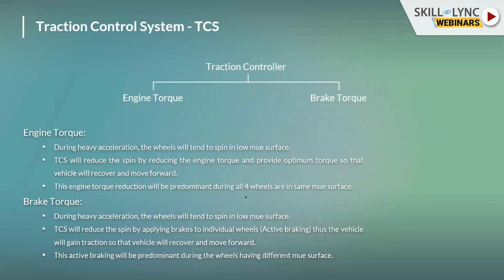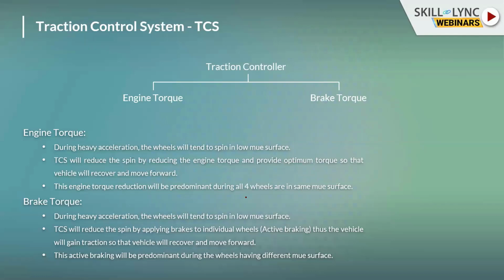Engine torque. While explaining the traction controller: if we give excessive power to the wheels than required, obviously they will spin. For example, if all 4 wheels are on an ice surface and we try to move the vehicle, it can't move because we are giving excessive power, so the wheels keep spinning.